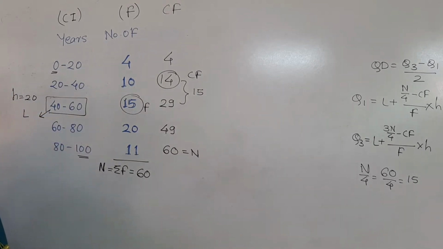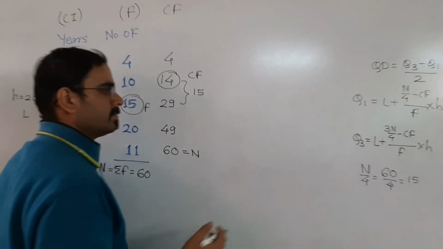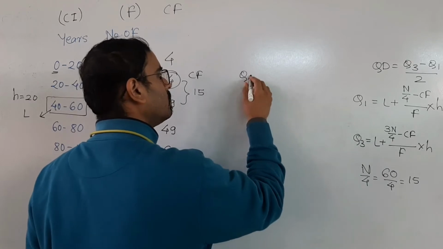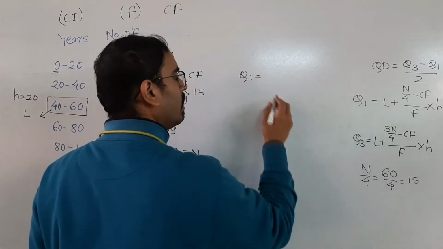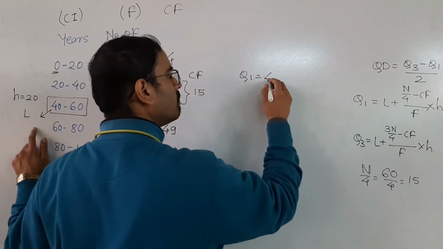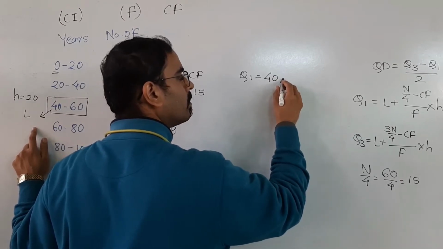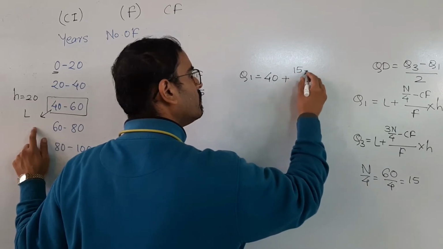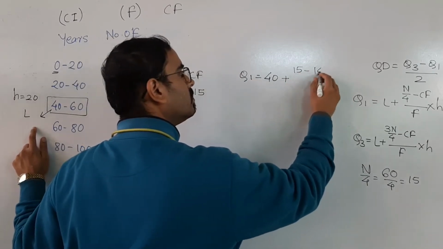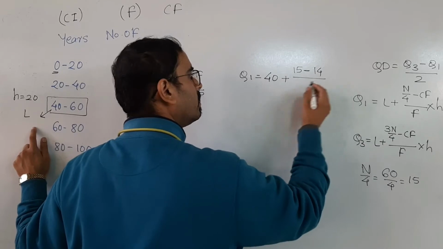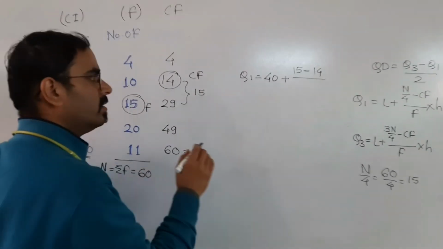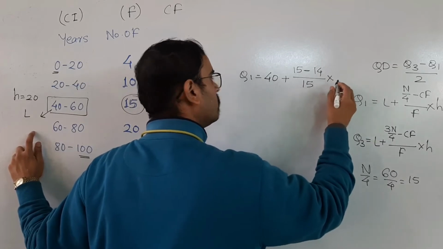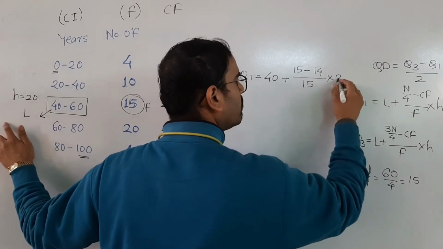So you have all the values. Put the values in the formula and get the answer. What is the formula? Q1 equals L plus N by 4 minus Cf, divided by F, into H. L is 40. N by 4 is 15. 15 minus Cf, which is 14, divided by F, which is 15, into the height of class, 20.